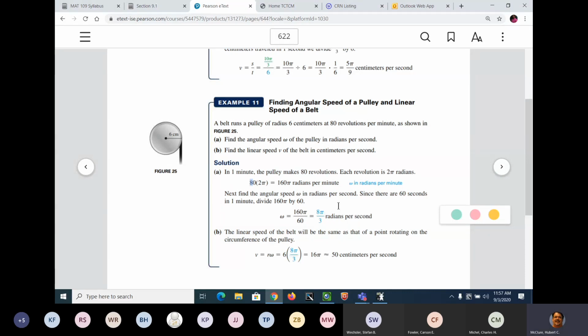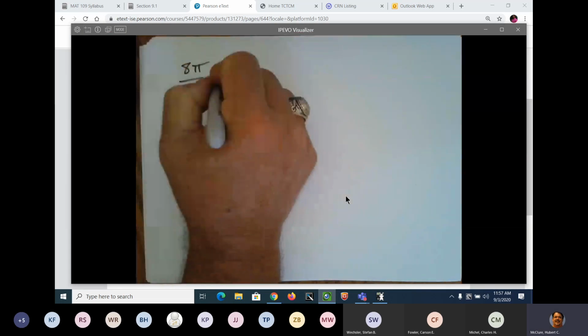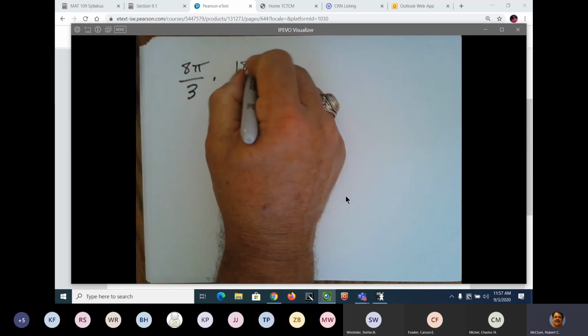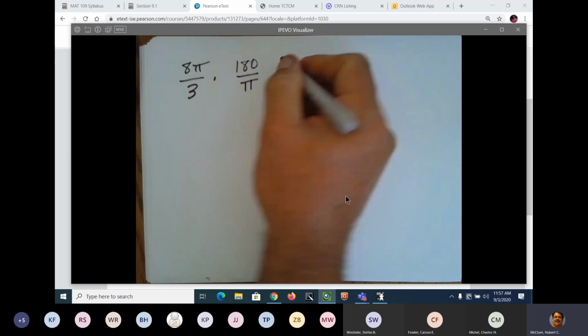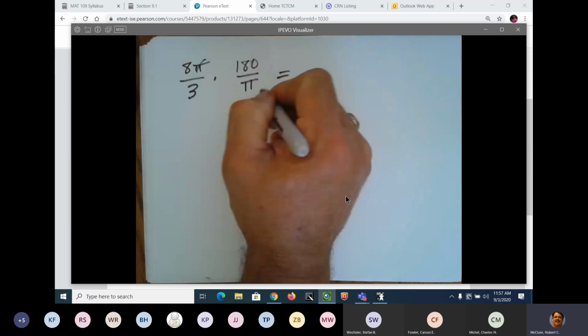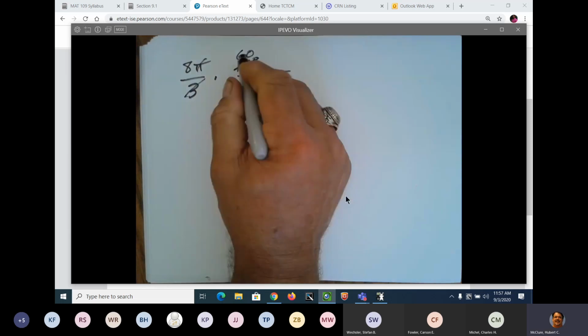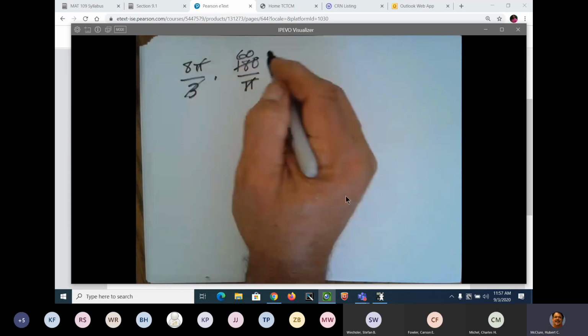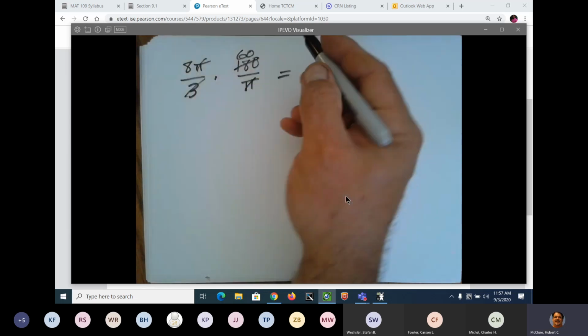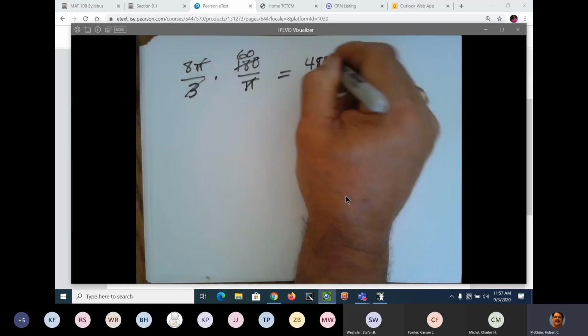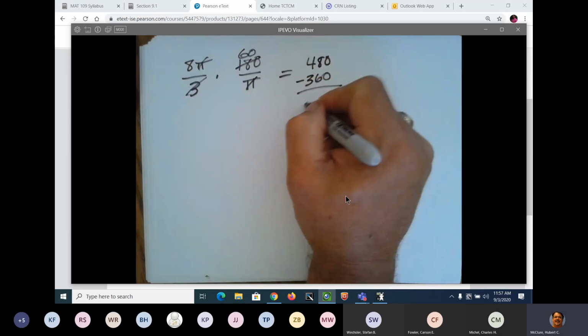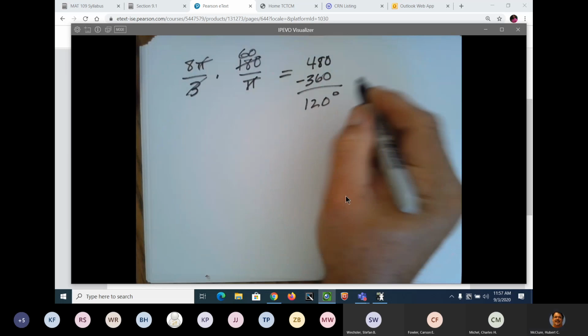Now, you could change that. 8 pi over 3 multiplied by 180 over pi is equal to, the pi's cancel, 3 go in there, 60. 60 times 8 is what? 480. 480 minus 360 is 120 degrees.